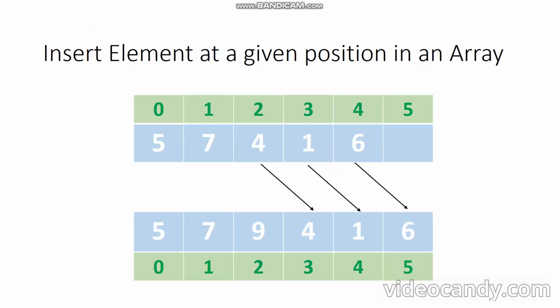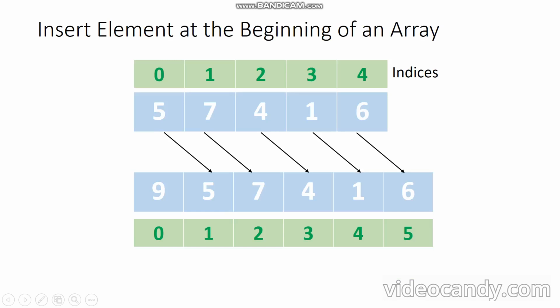Next is inserting an element at a given position in an array. Here I have taken that second is the position where I want to insert the new element. If you see over here, I have shifted the elements. Now see in this diagram, in the previous diagram I showed you that the upper array has only 5 elements, right?